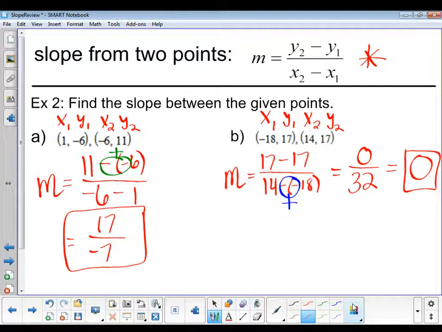Lines that have a slope of 0 are horizontal. They're going to go straight across. And their equations are y equals some number. So this could be y equals 4, y equals negative 2, or actually in this case, it's y equals 17, because both of the y values in the points are 17.